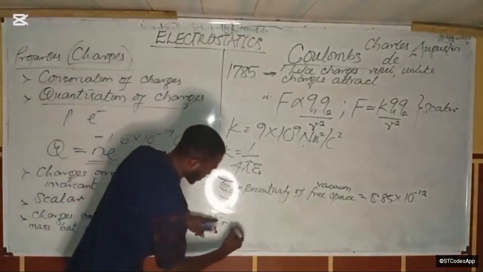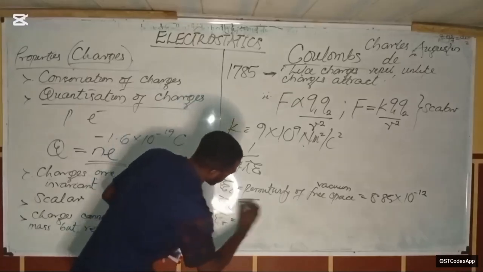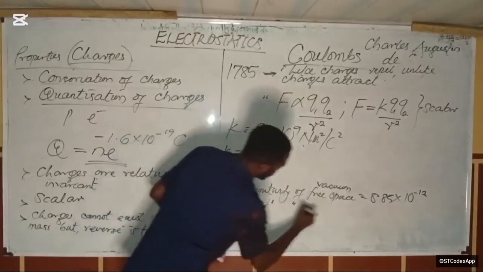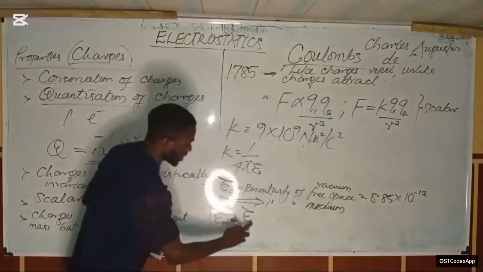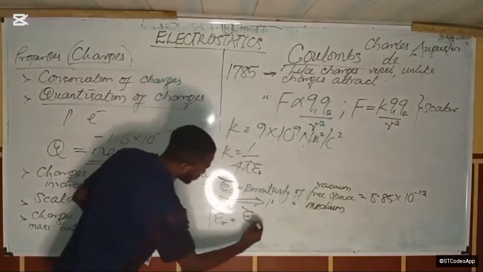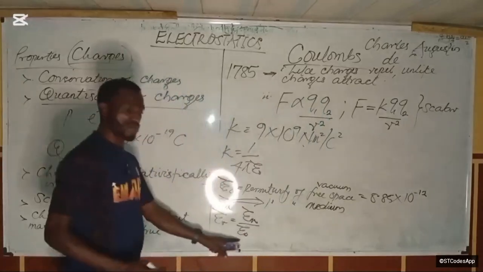Now, relative permittivity is given by the permittivity of medium over the permittivity of free space.